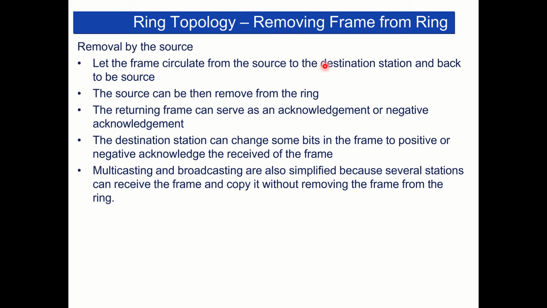When the source receives the frame, the returning frame can also act as the acknowledgement. The destination station can change some bits in the frame to positively or negatively acknowledge receipt of the frame. This simplifies broadcasting, because several stations can receive and copy the frame without removing it from the ring.